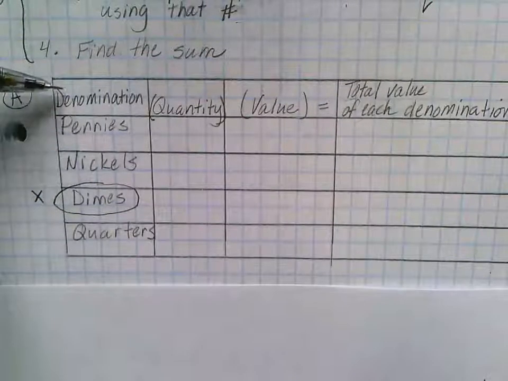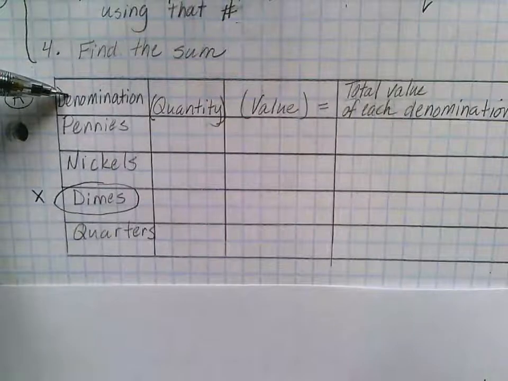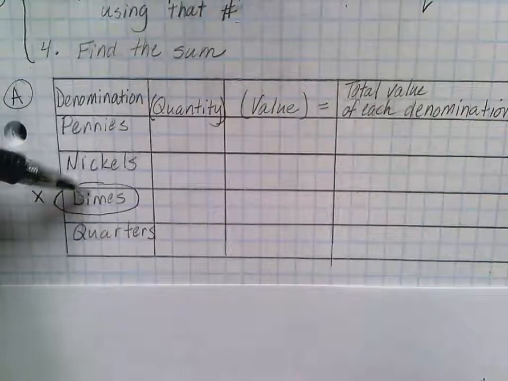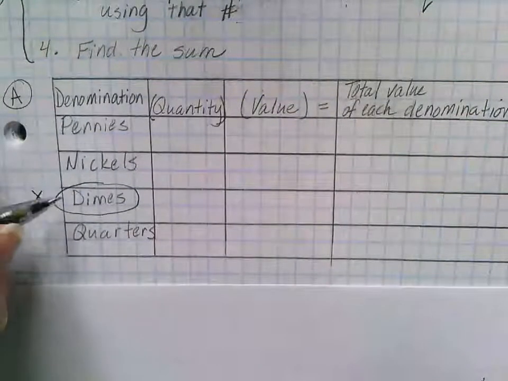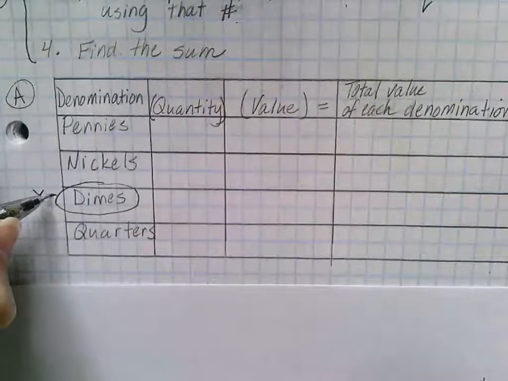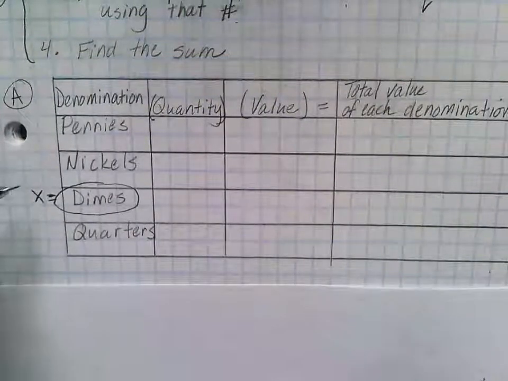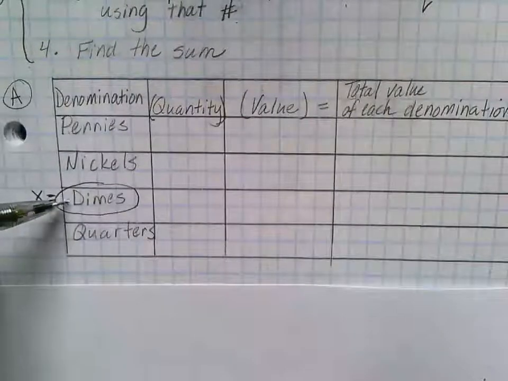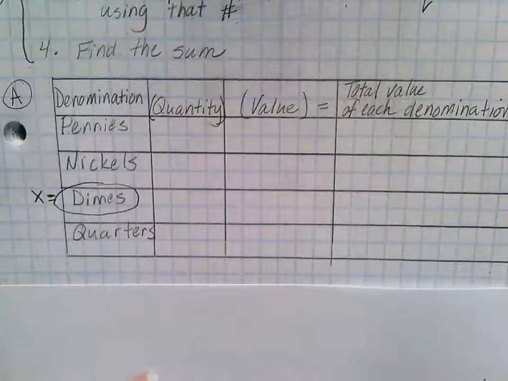This word denomination just simply means which coin. So it is whether it's the penny, the nickel, the dimes, or the quarters. And I have decided that my dimes are going to be my X value.